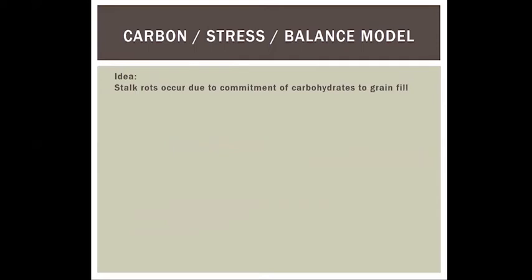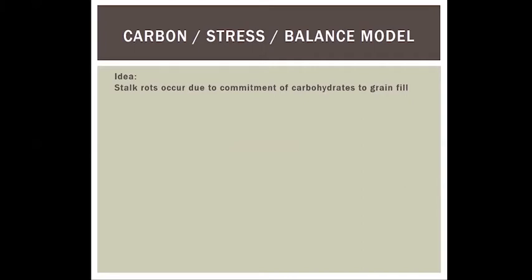So I'll just walk you through this, the carbon stress balance model. And this is something that's been out there for quite some time. Okay, so the idea here is that in general, our stalk rots are going to be occurring due to all that carbohydrate, or the majority of those carbohydrates, being committed towards grain fill.